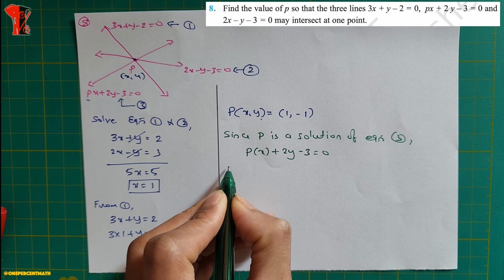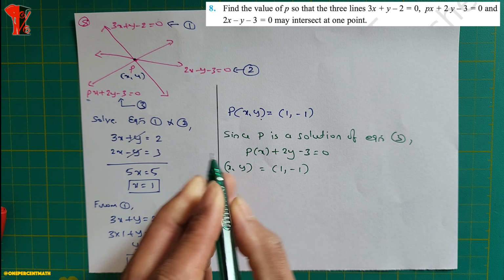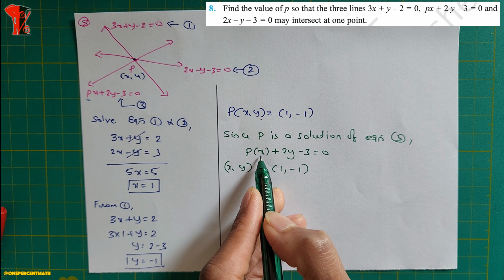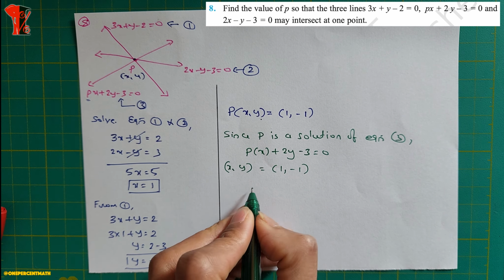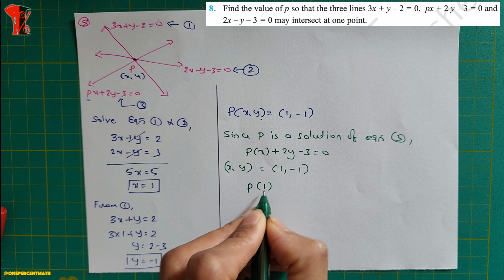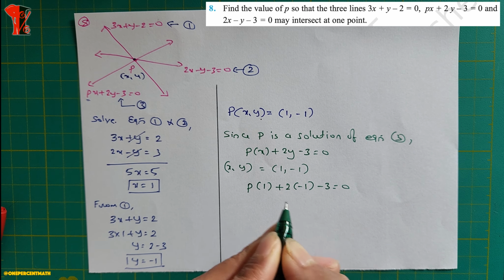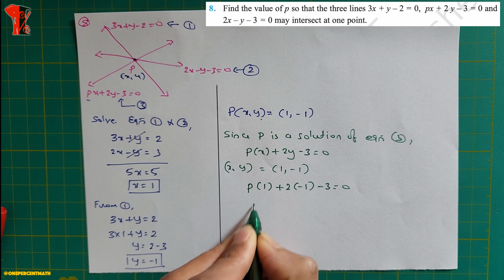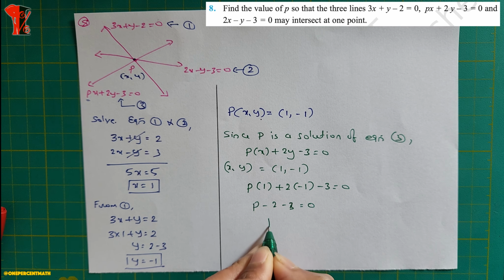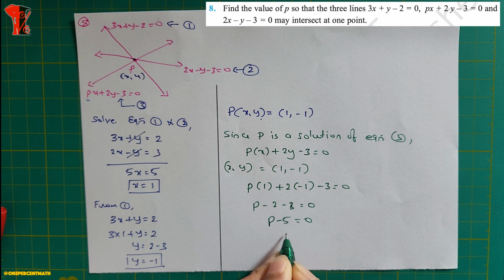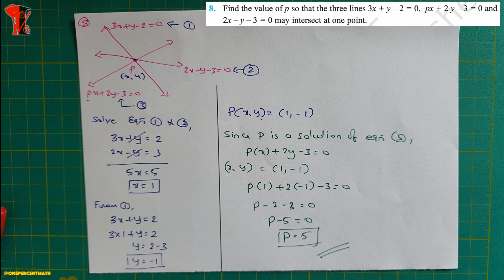That means we are going to take x comma y as 1 comma minus 1. Since it is a point on this line, it's going to be the solution. So that will be p into 1 plus 2 into minus 1 minus 3 equal to 0. So if I simplify, p, 2 into minus 1 is minus 2, minus 3 is equal to 0. p minus 5 is equal to 0. So p is equal to 5. So that's the answer.